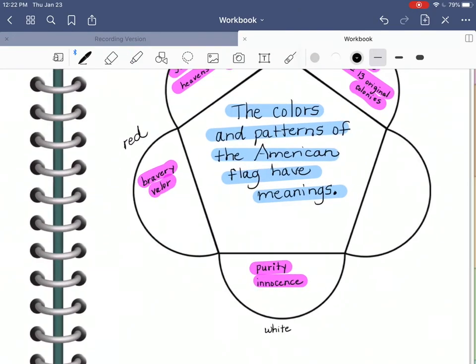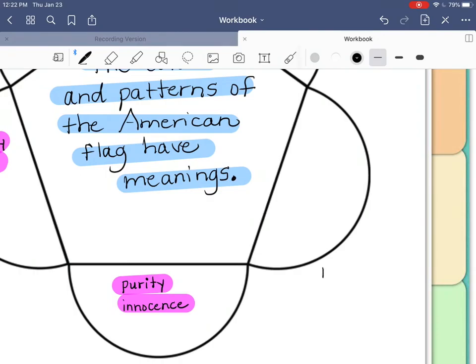Okay, finally, blue. What does the color blue represent? Why didn't they choose purple? Or why didn't they choose orange? They chose blue because it means three things. It stands for justice. It stands for vigilance. And vigilance, remember from your vocabulary word, is careful watching.